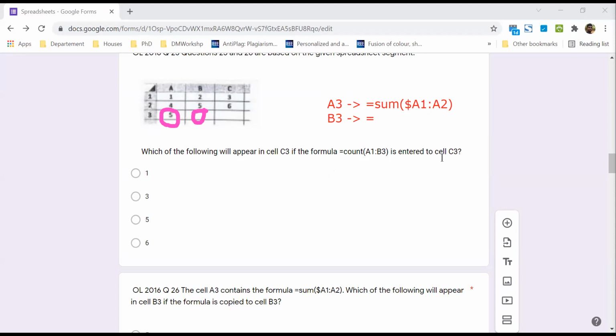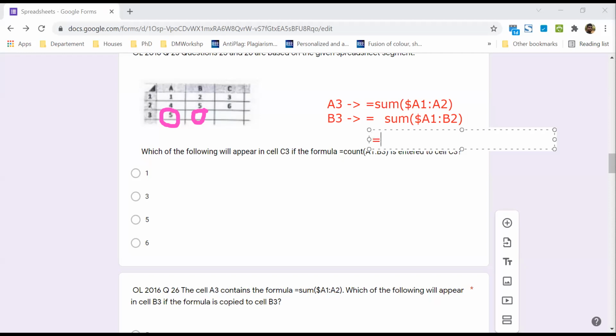So this becomes, right, we have SUM. $A will not change because you can't change. But A2 becomes B2, isn't it? A2 becomes B2. So what that means? SUM A1 to B2 this time.